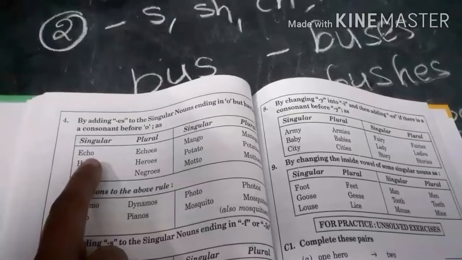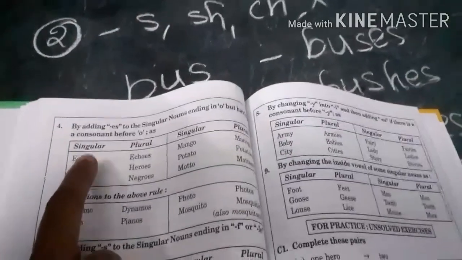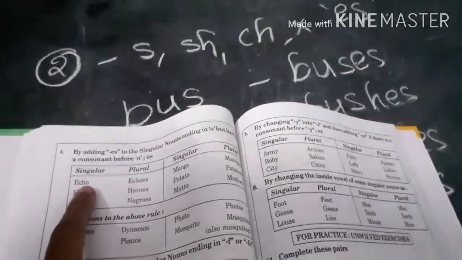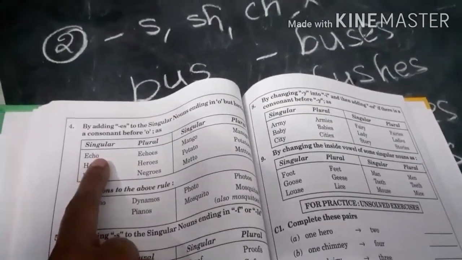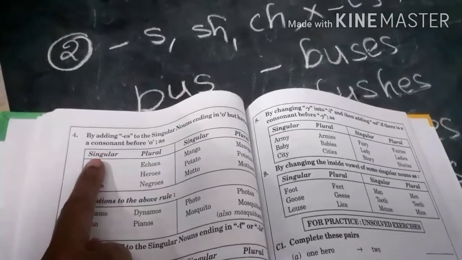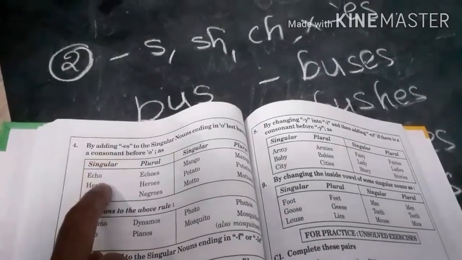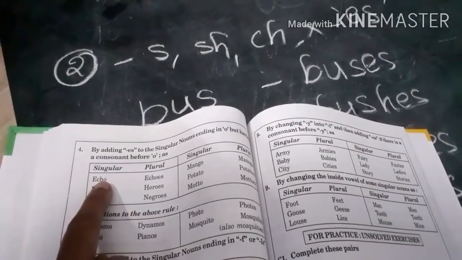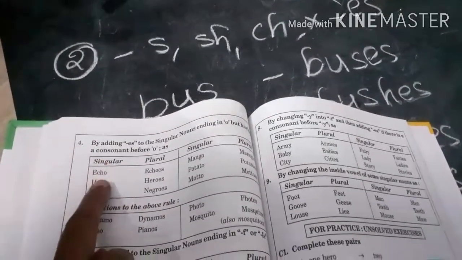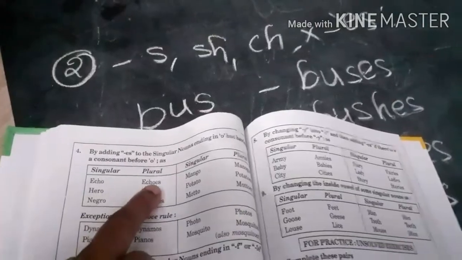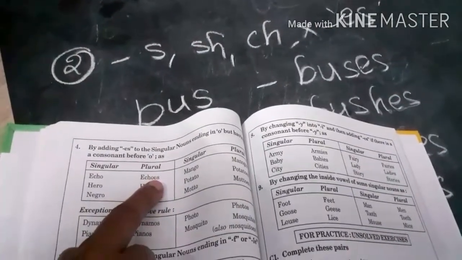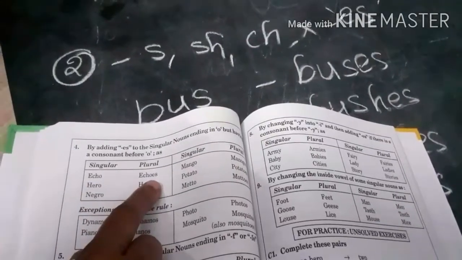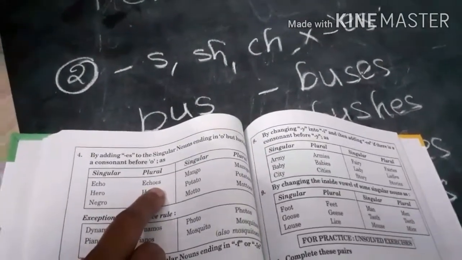Once again I am telling you, if this word ends with O and has a consonant before, then for the plural word we have to add ES. We have to add ES to the singular word to write a plural word.